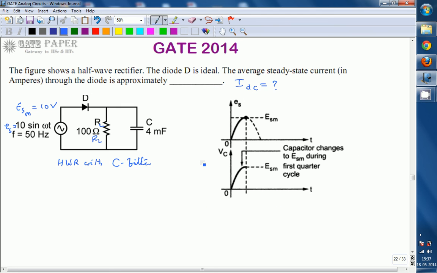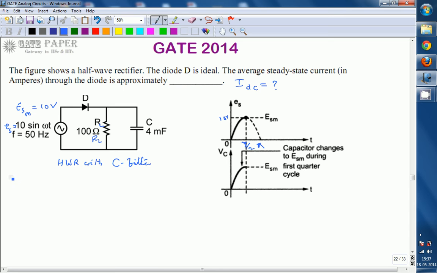During the positive half cycle, ES voltage increases from 0 towards the maximum value ESM, that is 10 volts. This happens during 0 to pi by 2 only. Half cycle is pi and quarter cycle is pi by 2.